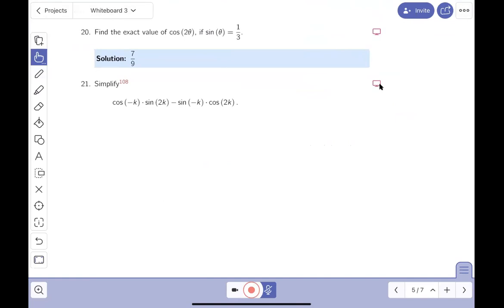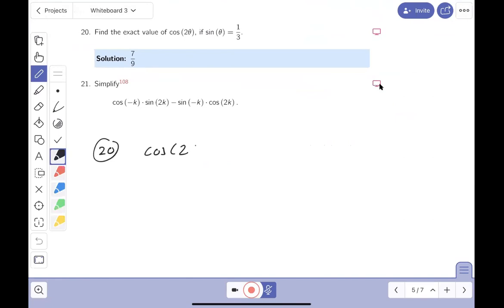Find the exact value of the cosine of 2 theta if the sine of theta is equal to 1/3. Let's write this down, number 20. The cosine of 2 theta is 2 cosine squared theta minus 1.